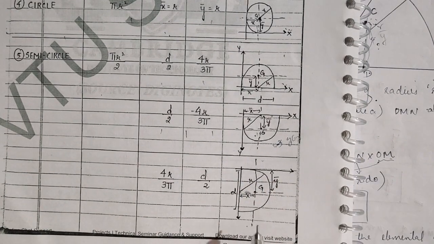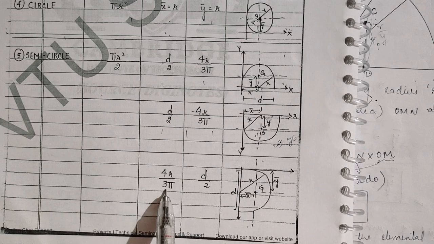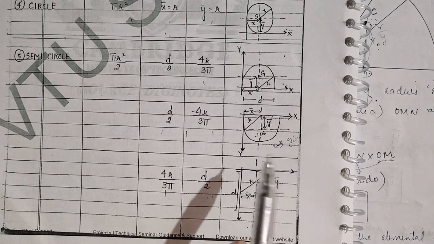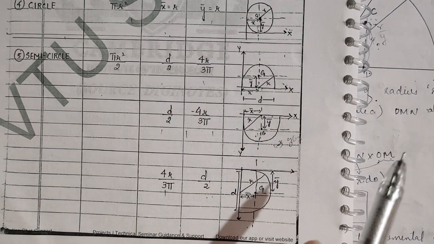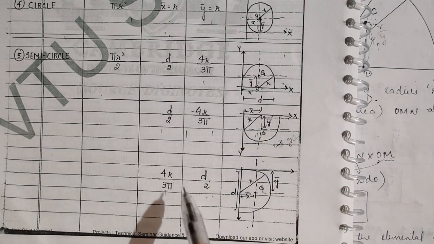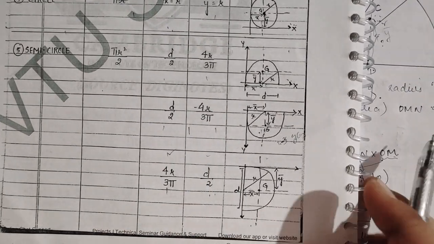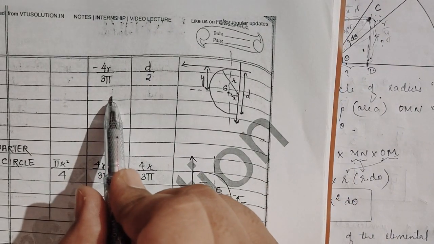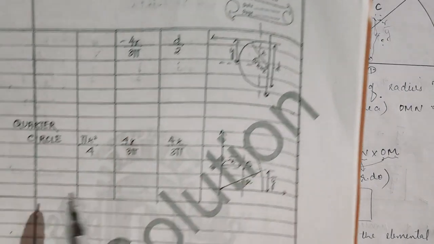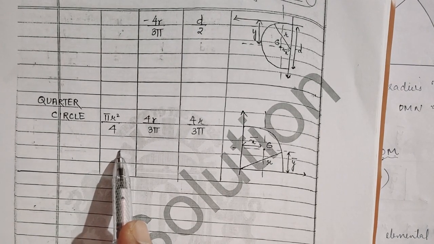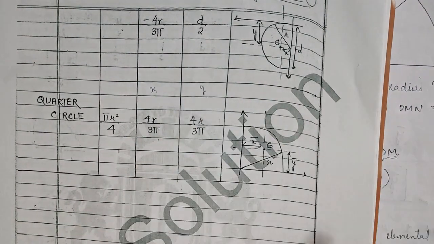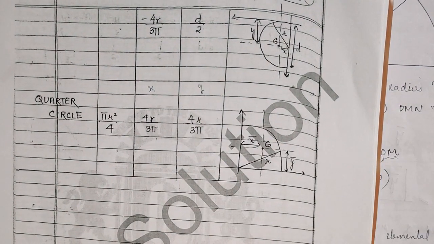If it is like this, then x will become 4r by 3 pi and y will become d by 2. If you remember these formulas by seeing the image, you can directly solve the problems. Next, if it is like this, x will be minus 4r by 3 pi, y d by 2. For quarter circle, pi r square by 4 is the area, x will be 4r by 3 pi and y will be 4r by 3 pi. This is the diagram.